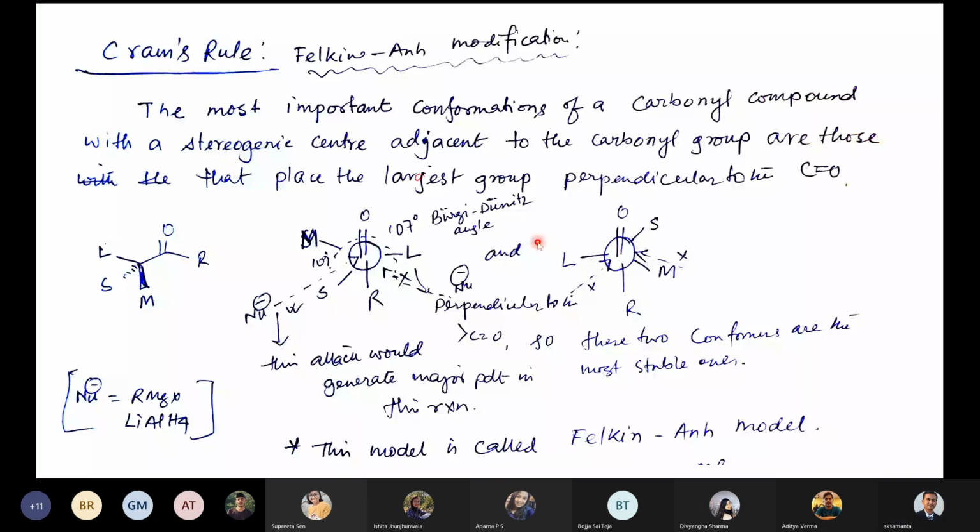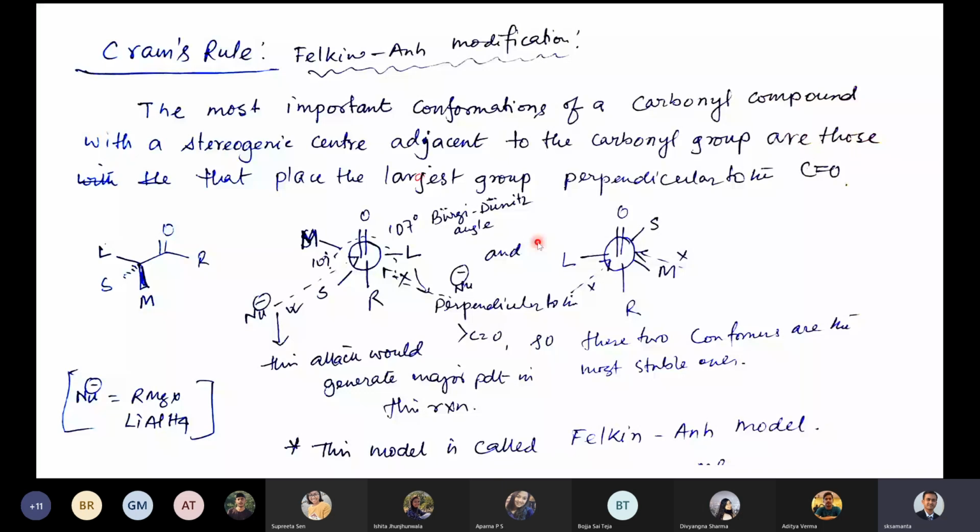Okay. So which rule has to be used depends upon the reactant. If the reactant is of the form which is in the first diagram, then we'll use Cram's rule. And if it is like this, if it is perpendicular to O, then it should be the second one. Yeah, you think it in the other way around.